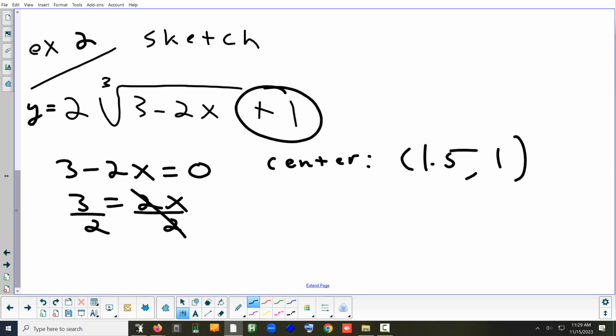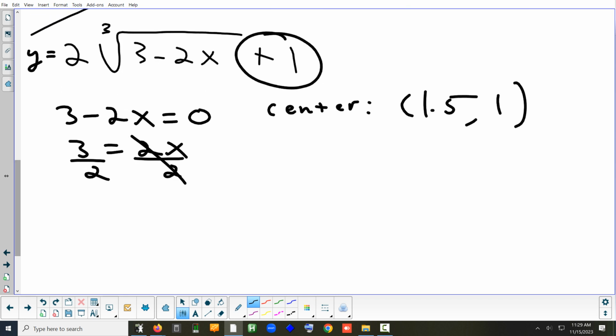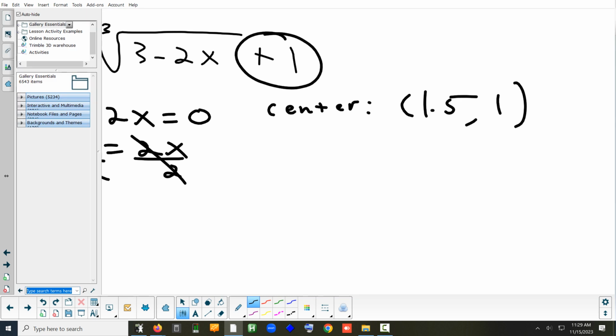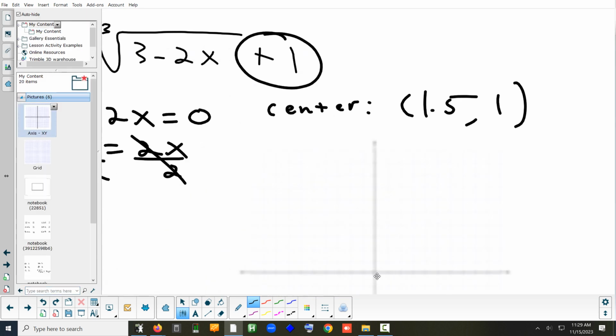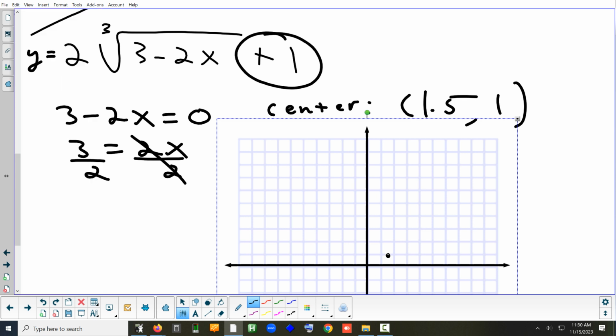Okay, any question on how we got the center? All right, so now we need a graph. Let's put that there. We can graph the center, so 1.5, 1. And I need to plug in some x values into this formula that are bigger than 1.5, maybe 3 of them, and then smaller than 1.5, 3 or 4 of them.